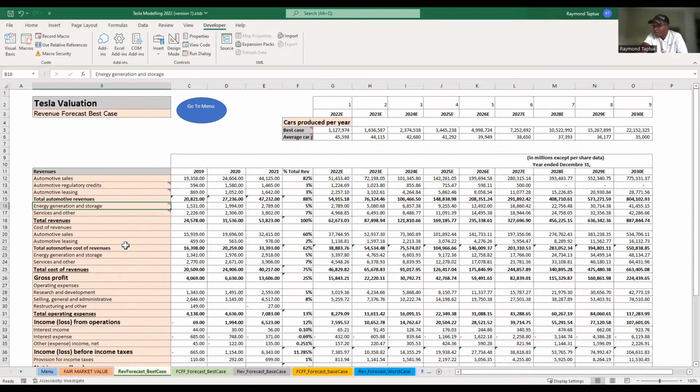Now, for the fourth line, which is the energy generation and storage, I made the assumption that it will grow at a rate of about 35% per year. And we can see that we have been able to generate this line to 2030. Again, using 2019 and 2021 quantity to derive the annual growth rate.